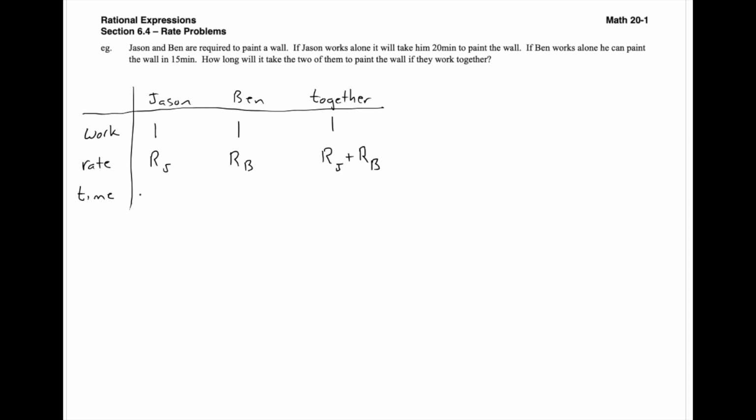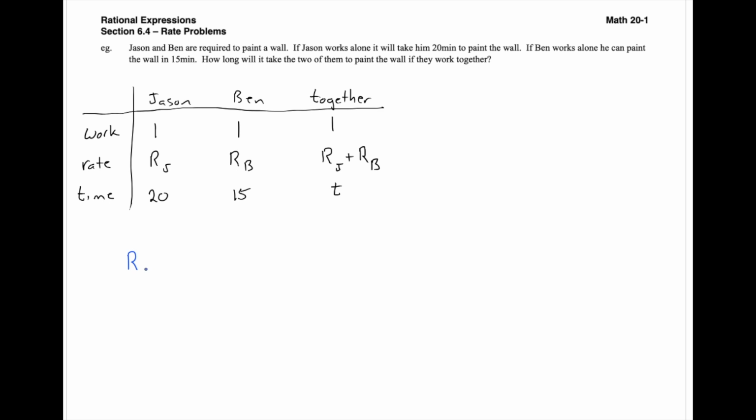For the time, we are given the values: Jason can do this in 20 minutes, Ben can do this in 15 minutes. We don't know the time it takes for them to do it together, so we'll leave that as our variable.